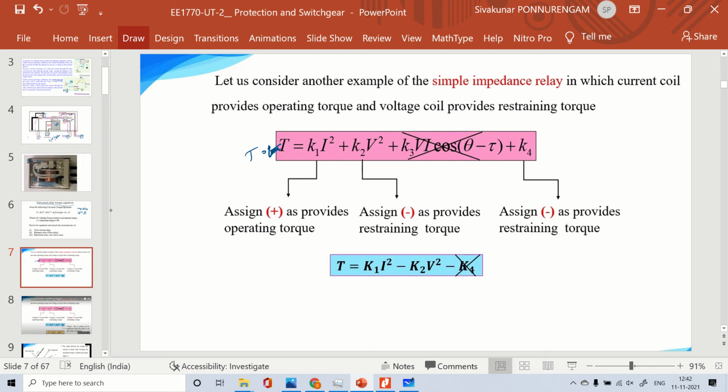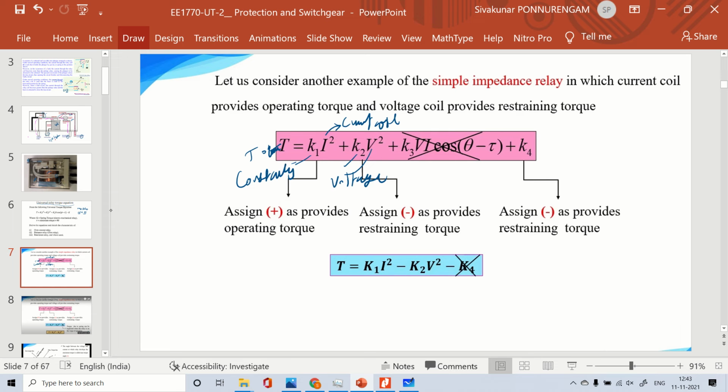This is the torque which is produced by the current coil. This deflection, that is force, is developed by the current. Again, this is developed by the voltage coil. Here K, K1 and K2 are constants.